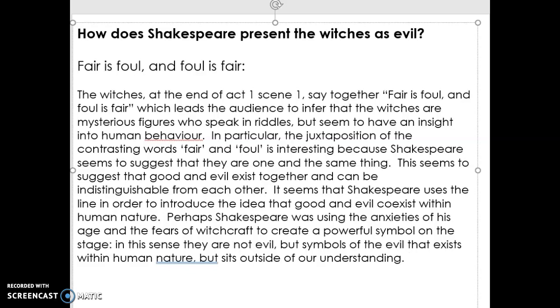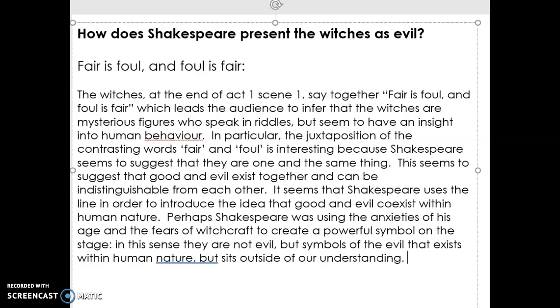So the witches at the end of Act 1, Scene 1 say together, fair is foul and foul is fair, which leads the audience to infer that the witches are mysterious figures who speak in riddles, but seem to have an insight into human behaviour. In particular, the juxtaposition of the contrasting words fair and foul is interesting, because Shakespeare seems to suggest that they are one and the same thing.